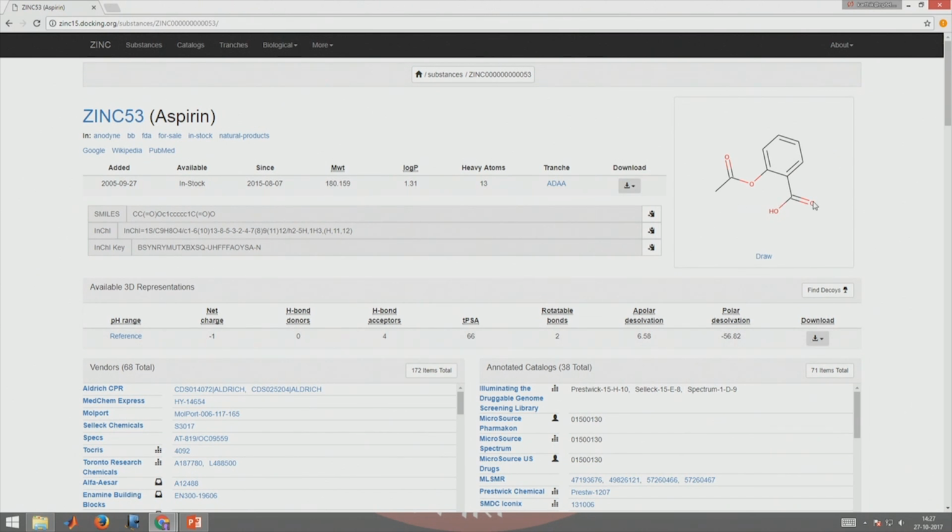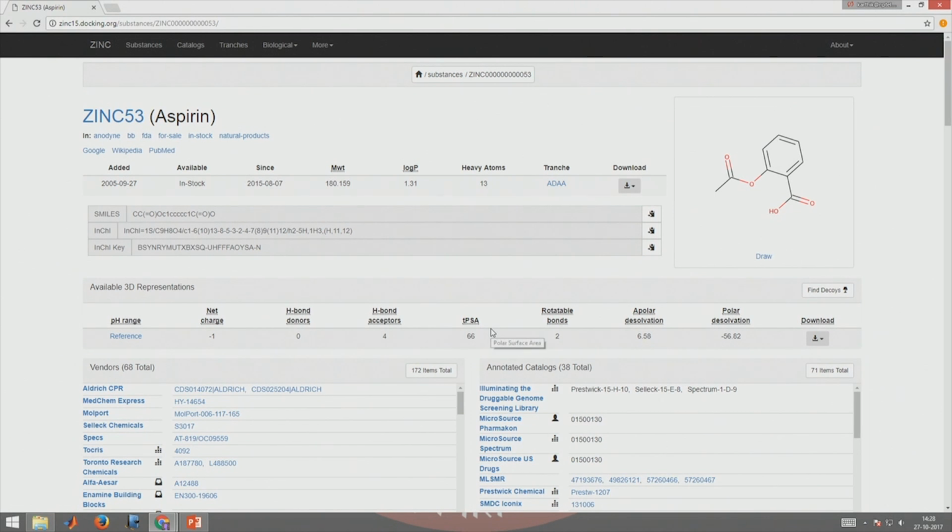It does not have any hydrogen bond donors, because the O and H get dissociated as O minus. Hydrogen bond acceptors, that means oxygen and nitrogen, are called hydrogen bond acceptors. So, 1, 2, 3, 4. It has got 4 hydrogen bond acceptors.